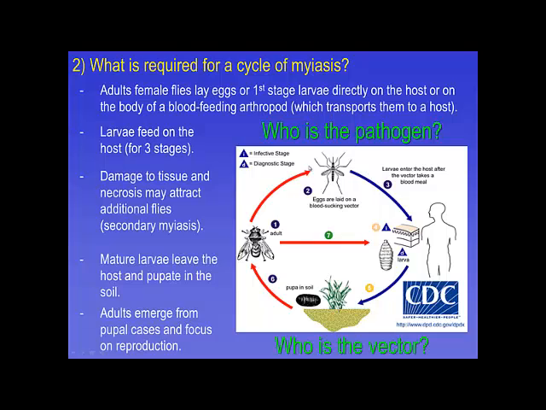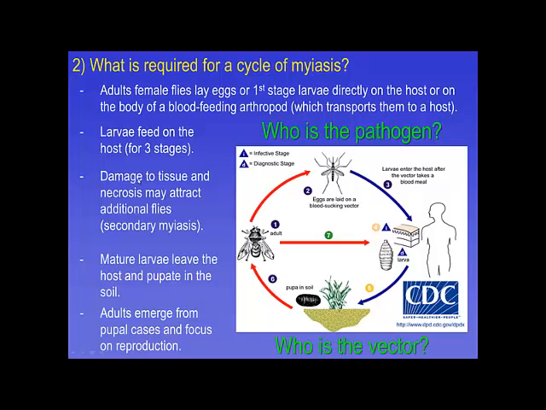Now the larval stages of these myiasis flies will feed on the host for a total of 3 larval stages or instars, acquiring protein and increasing in body size as they develop.